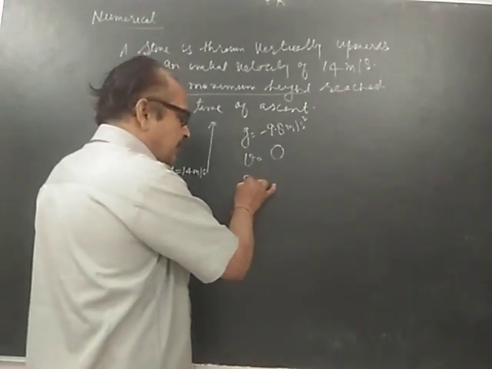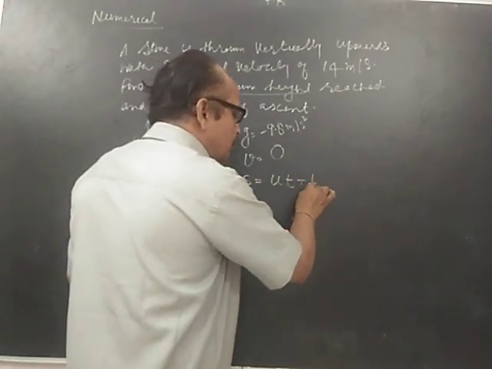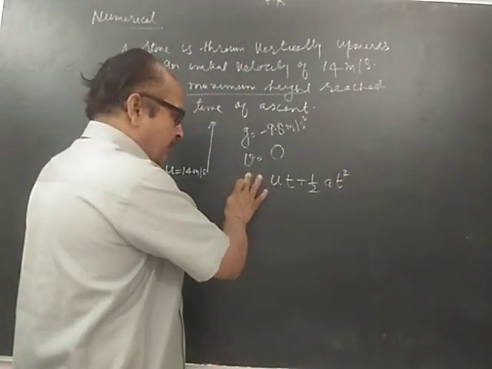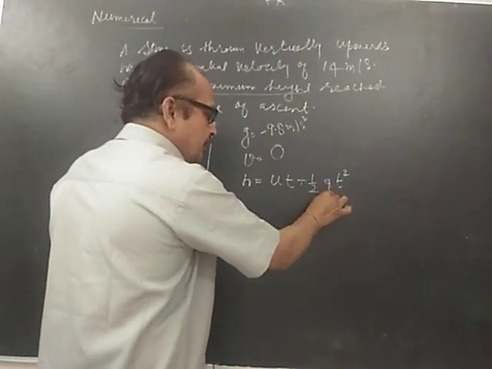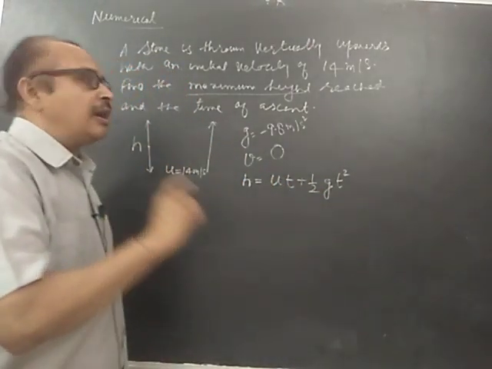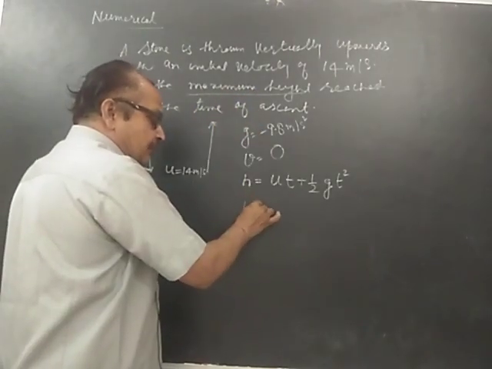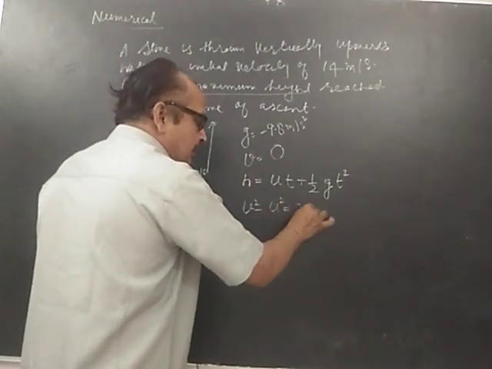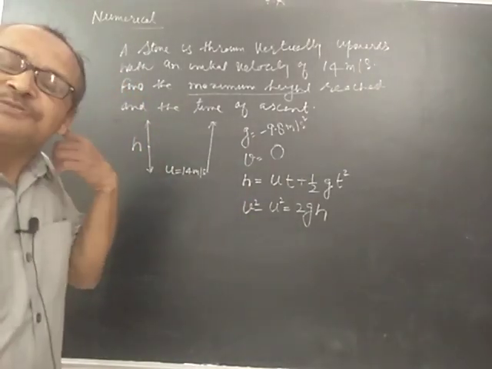My first formula is S equals ut plus half at square, or I can write h equals ut plus half gt square. And the second formula which gives me height is v square minus u square equals 2gh, which you earlier wrote as 2as. Any doubt?